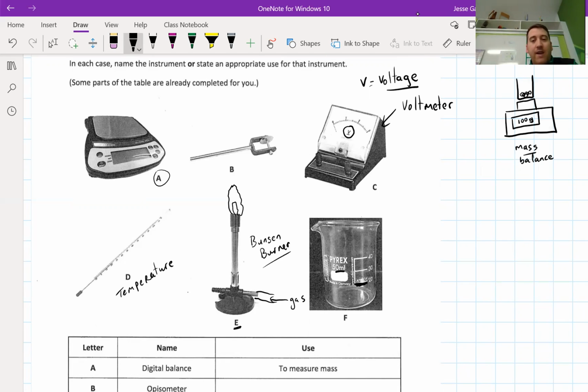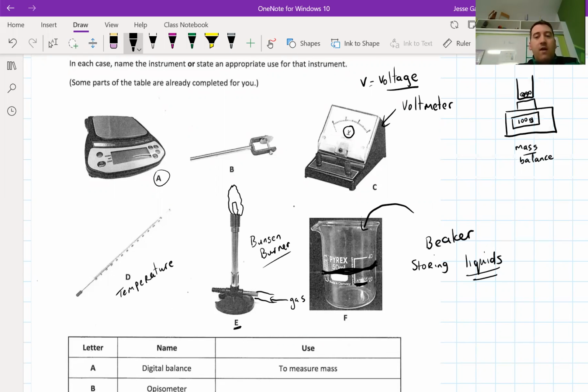So I wouldn't think this is a good thing to measure an amount of liquid with. But you can pour a liquid in here and store it. While you're doing an experiment, maybe you need some liquid and you want to keep it on your bench. You pour your liquid in and it's for storing liquids. You could say storing substances, but usually we use it specifically for storing liquid chemicals. And we call this a beaker.